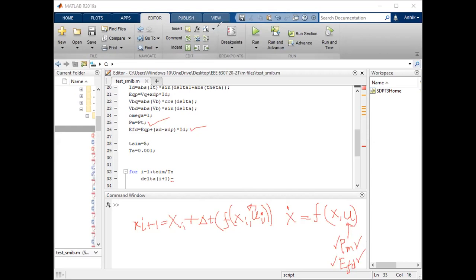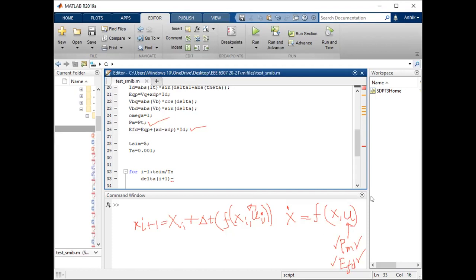Okay, so let's continue the coding. So what should we write? Delta I plus 1, that is xi plus 1 equals, so that we can say we have x1, x2, and x3, because we have 3 state variables. So we write them separately because they belong to 3 different ODEs for our system. So that is TS multiplied by, so what was delta dot?